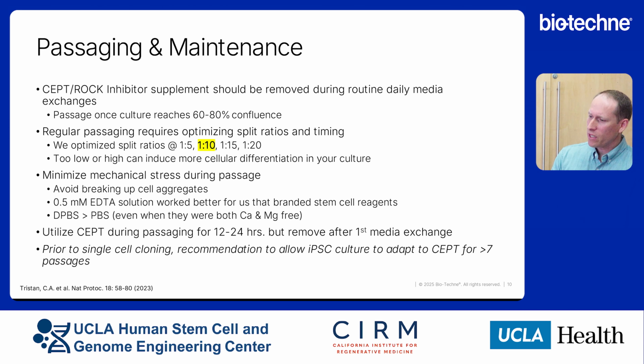We passage those clumps rather than breaking them into single cells in this phase to help them be less stressed. Whenever we do a passage, we also utilize CEPT during the first 24 hours, but then it's removed after the first 24 hours during that first media exchange.